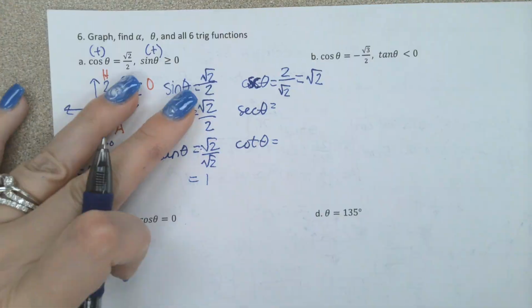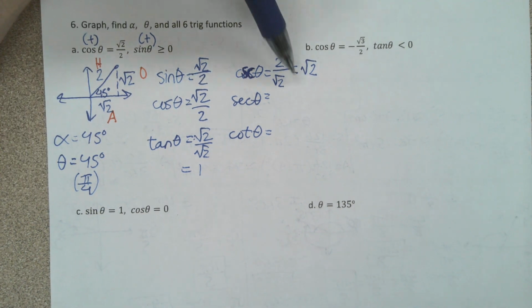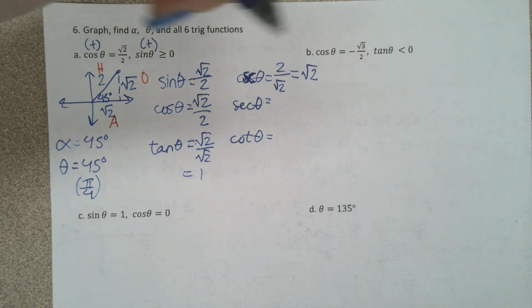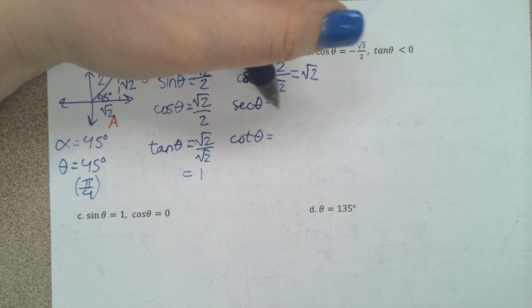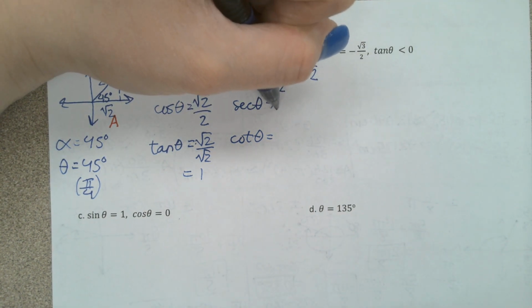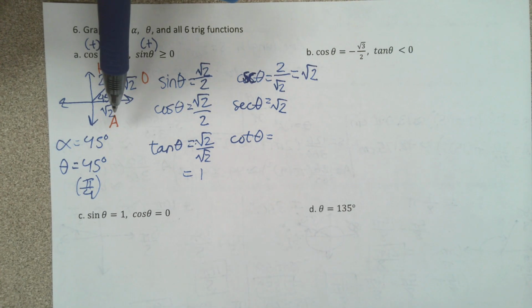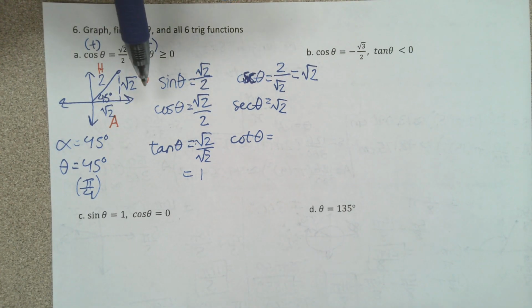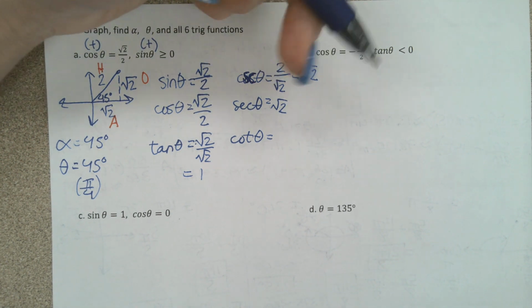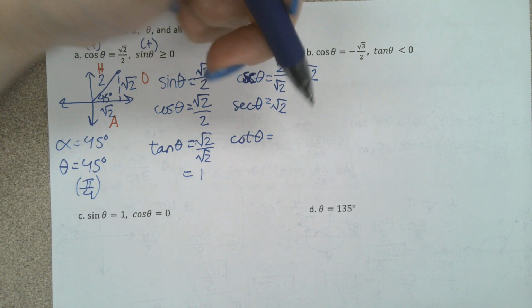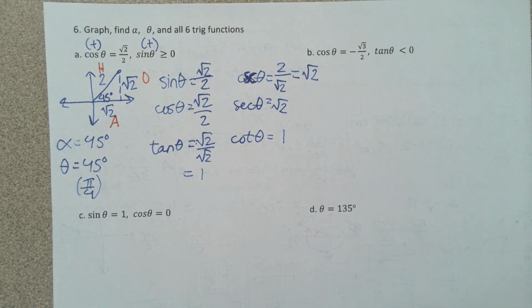Yeah, I was thinking of something else. Sorry. So I've multiplied top and bottom by rad 2 over 2. There'll be 2 rad 2 over 2, which would cancel. Flipping rad 2 over 2, again, would get me just rad 2. And then cotangent of theta, flipping 1 will still keep me at 1. So that is what we're supposed to get there.